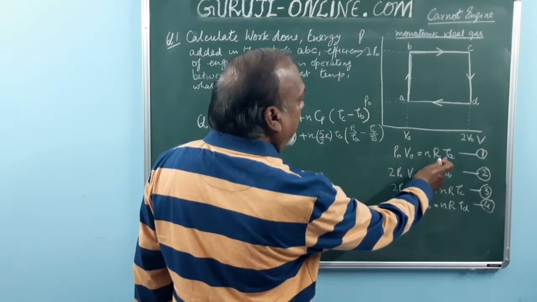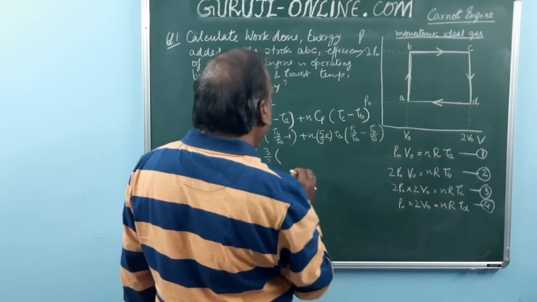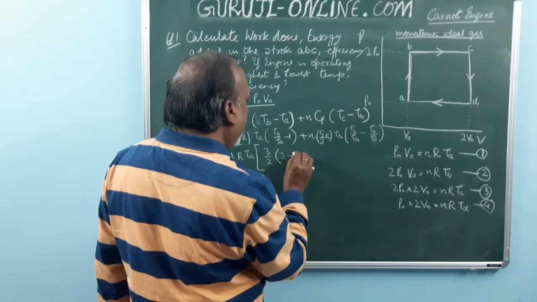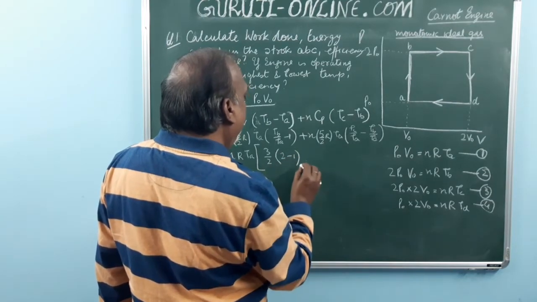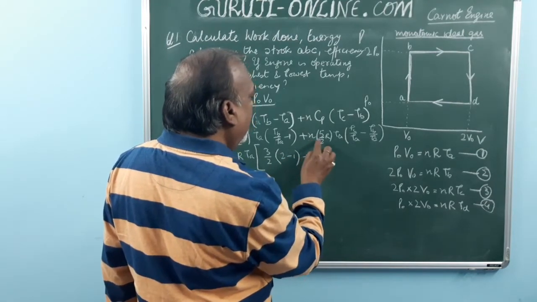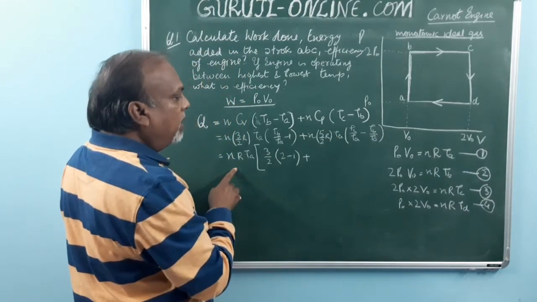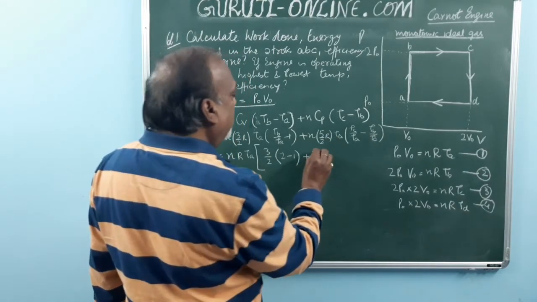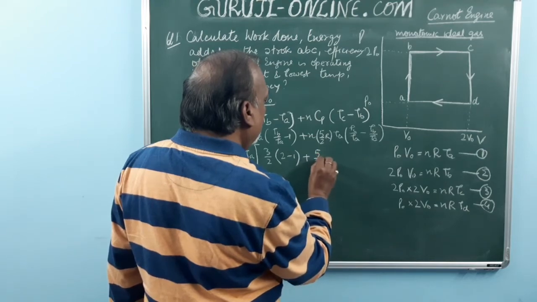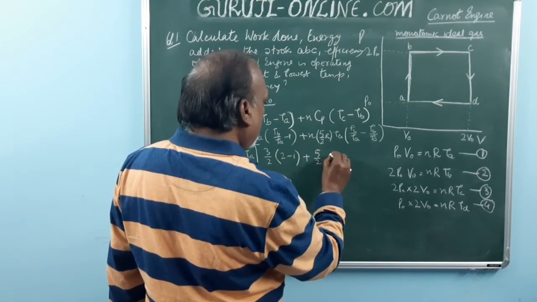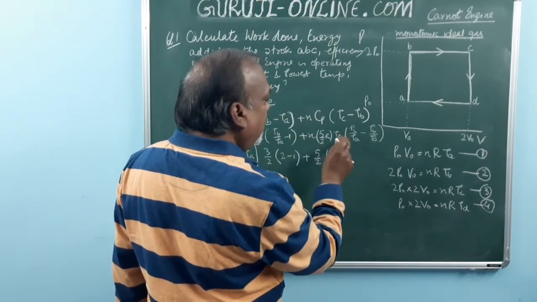TB upon TA is nothing but 2, minus 1, plus, as RTA we have taken common, 5 by 2 into what is TC upon TA.